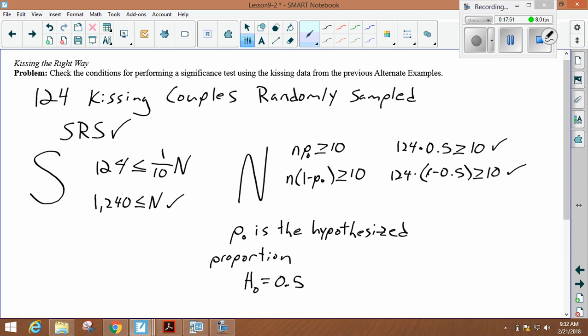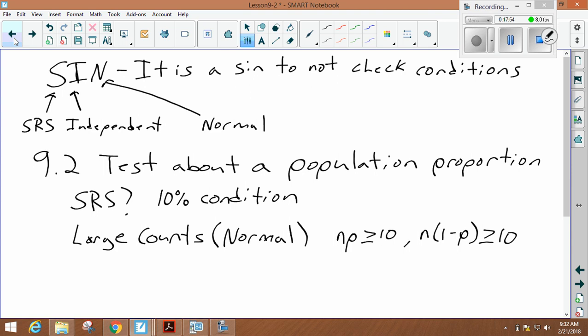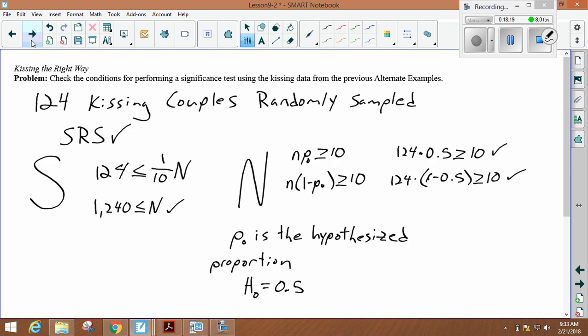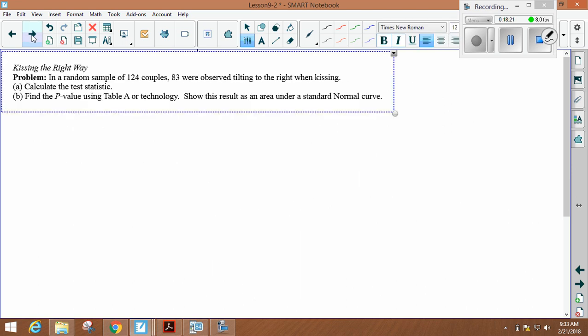I'm going to go back and change this. Sorry, this should be p naught, p sub 0. I did write this wrong in the notation.